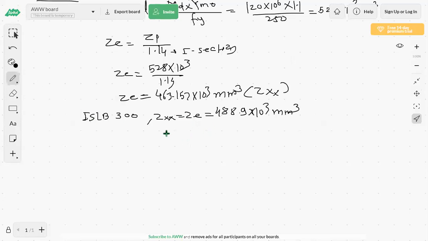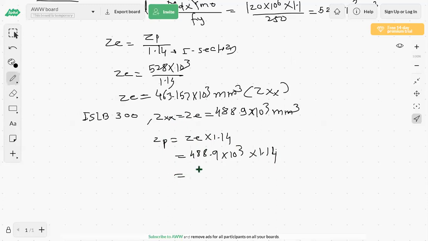Now from this section we have to calculate ZP again. So ZE into 1.14 is equal to 488.9 into 10 raised to 3 into 1.14. So again we have to calculate ZP.